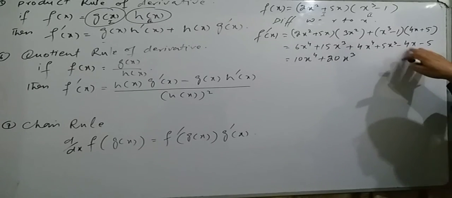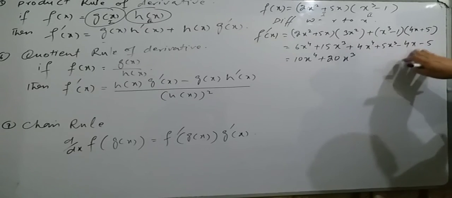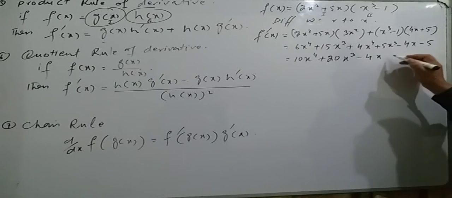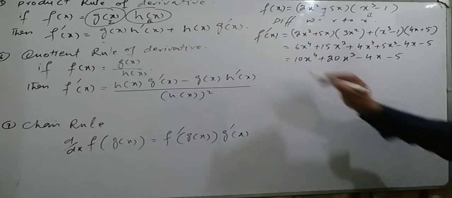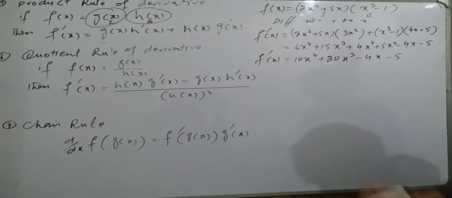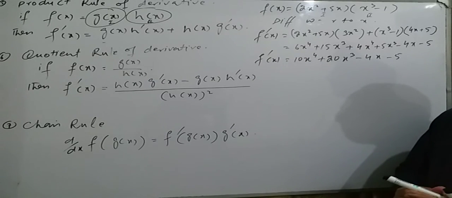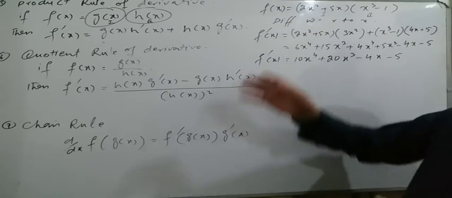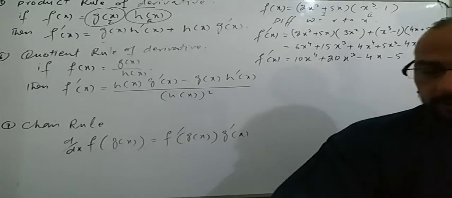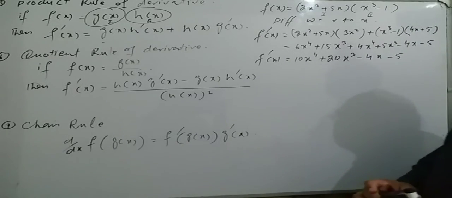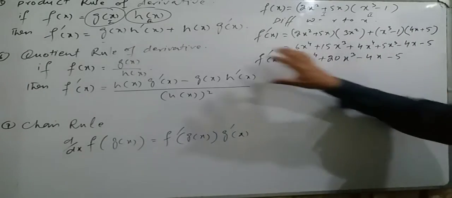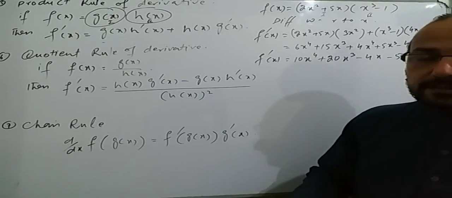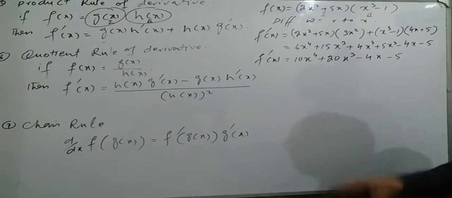We don't have any x power 2, and we have minus 4x and minus 5, which remain unchanged. So this is the differentiated function. This way you can differentiate the product of two functions using the product rule, and you have to memorize this formula: first function times derivative of the second, plus second function times derivative of the first.